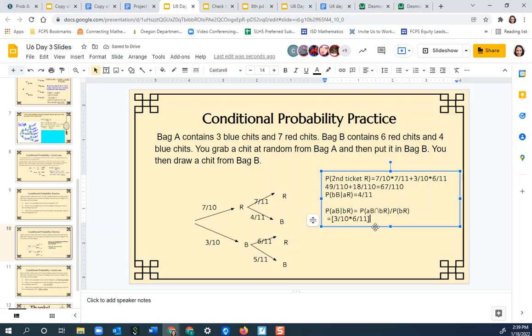And then the probability that you get R, there's 2 ways you could do it. You could have this one. That's one of the ways. Or you could have red, so that would be 7/10 times 7/11.